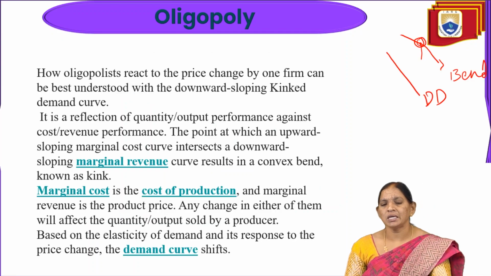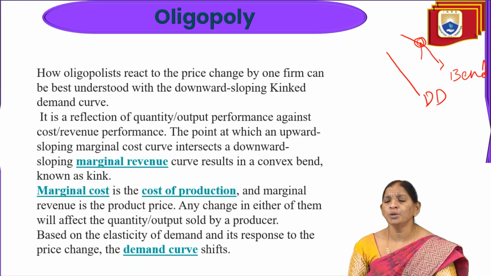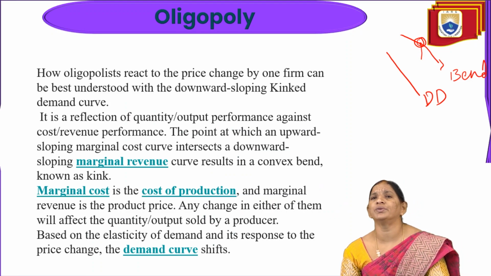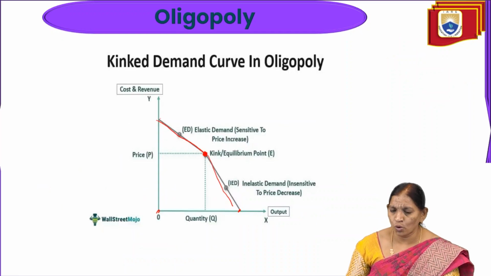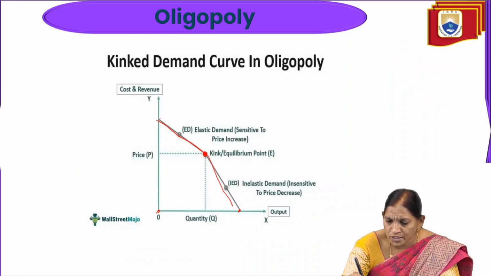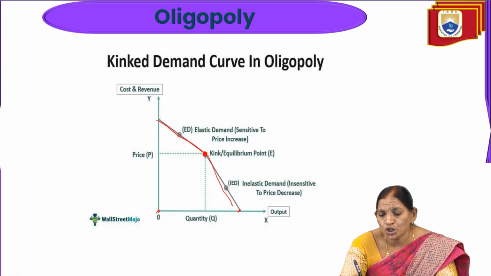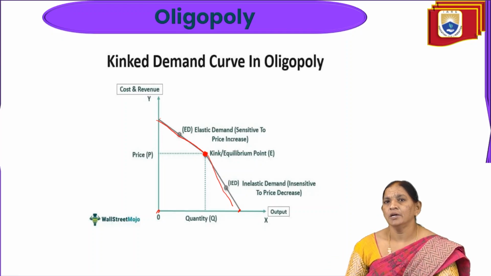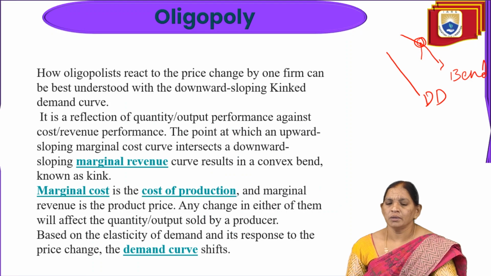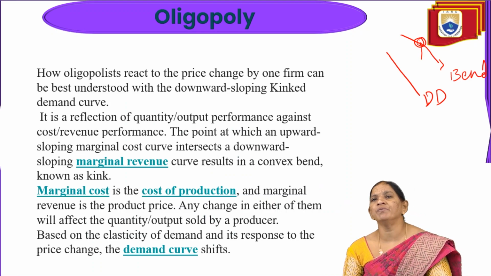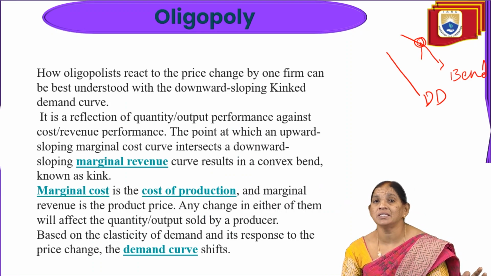So here the point at which the upward sloping of this cost curve is a convex bend. We'll call it convexly bent here, which we call a kink. So this kink, or the sloping from marginal revenue, resulted in this kink.